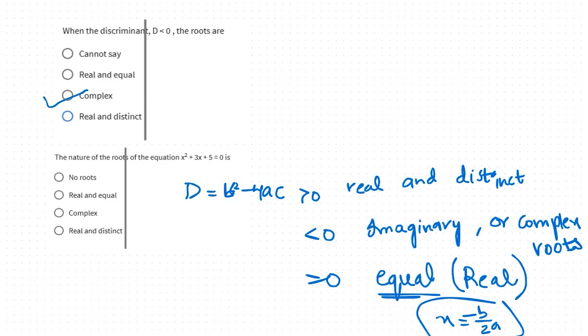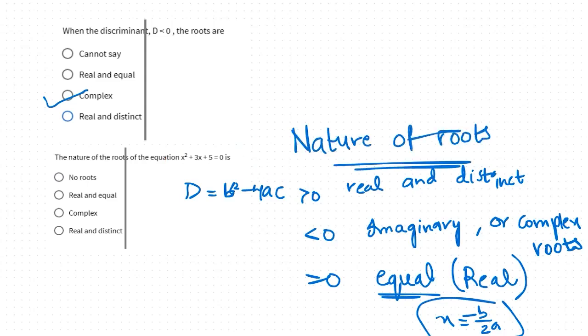So we just need to find the discriminant. Nature of roots means D value.